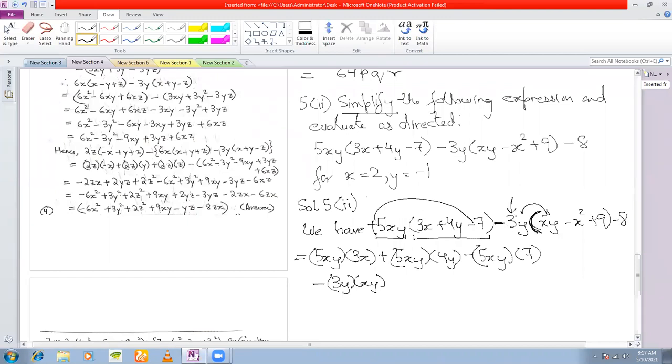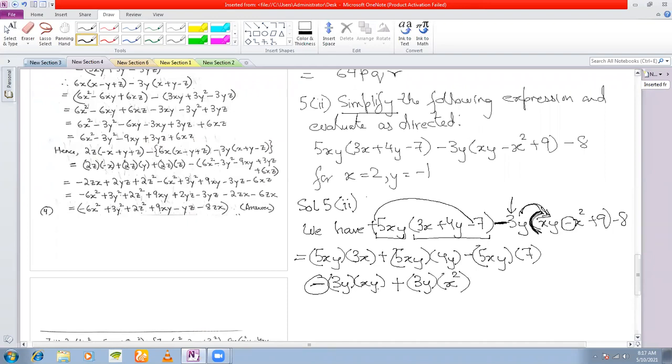So I told you that whenever you open the bracket, you have to change all the signs. So see here, minus combines with the minus 3y, this combined with xy, and I have a minus sign here. The next sign here is a minus sign, but because of this minus sign and this bracket, since I am opening the brackets, I will give a plus sign. So 3y into x square.